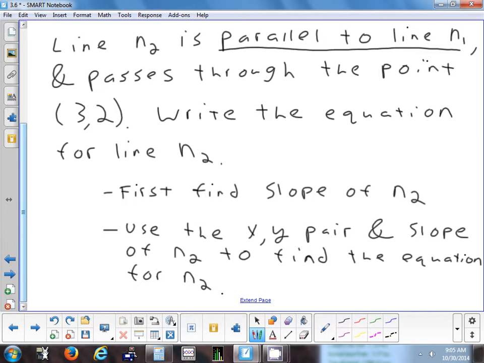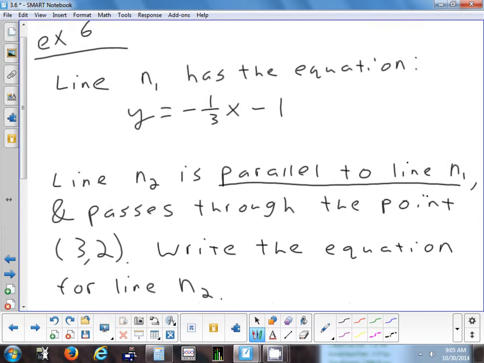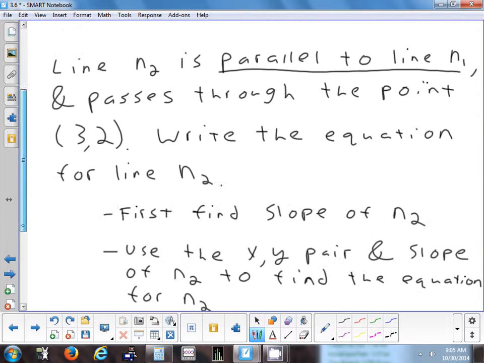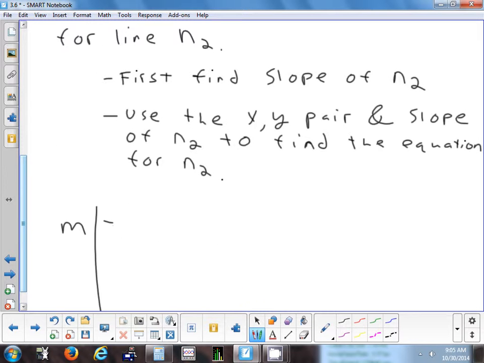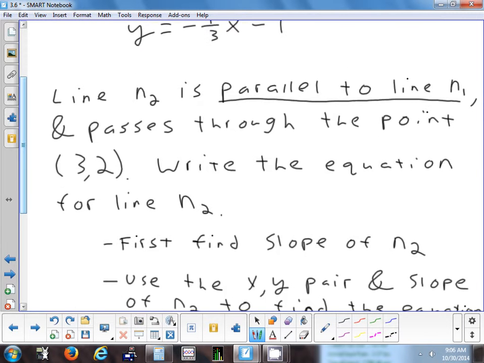Okay, let's make our table. Since line N2 is parallel to N1, what's the slope of line N2? Yep, -1/3. Okay, what's the point that I want line N2 to pass through? 3, 2.